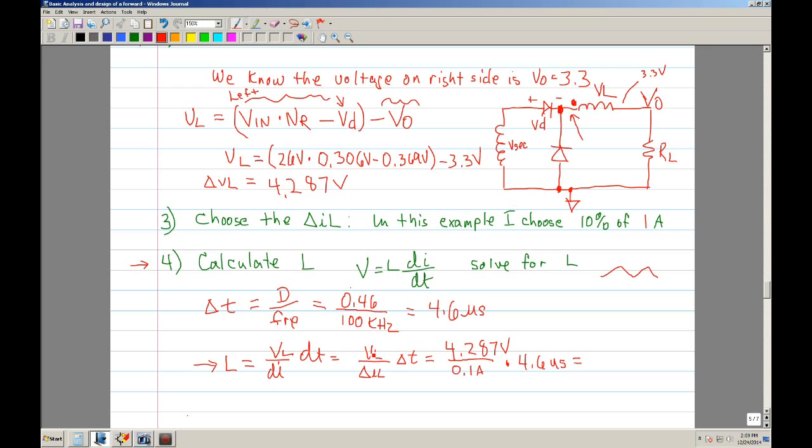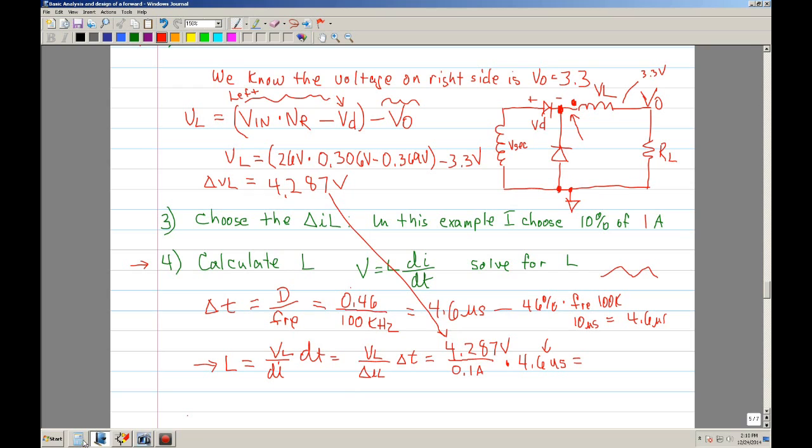This voltage comes from the voltage that we calculated there. We want a delta T of 4.6 because this comes from the 46% duty cycle, and we're operating at a frequency of 100 kilohertz, which is 10 microseconds, so that comes out to 4.6 microseconds. So that's where this comes from.